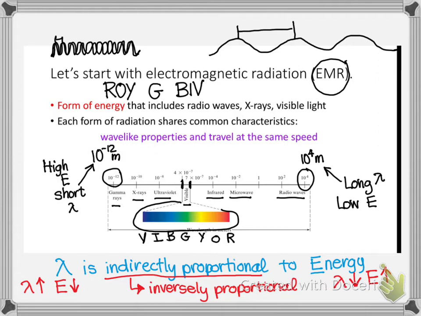The red light is on the longer side. It has the longer wavelength, and so of the visible light, it has the lower energy. And then violet light is on the other end. It has a shorter wavelength in the visible light, and so it has a higher energy.